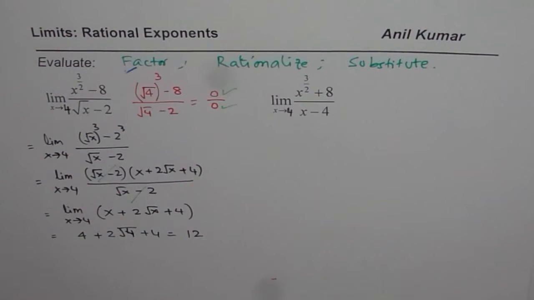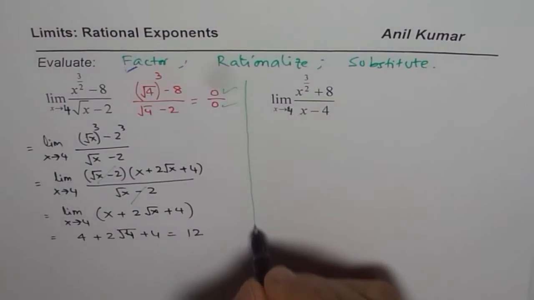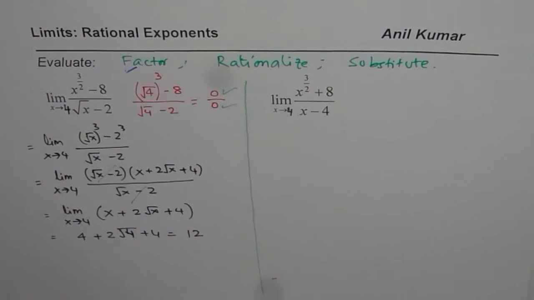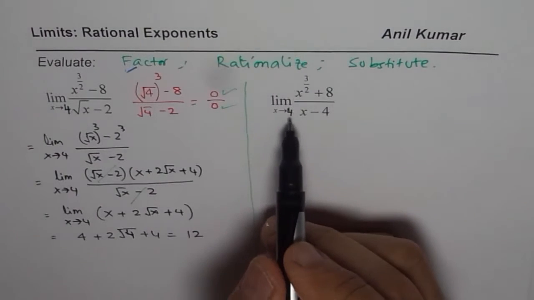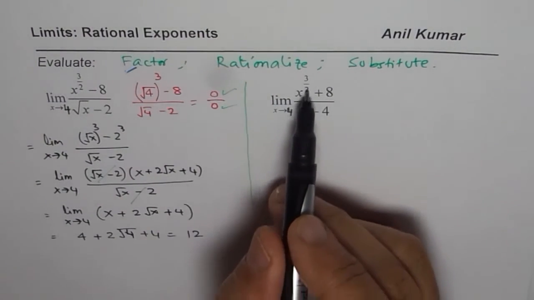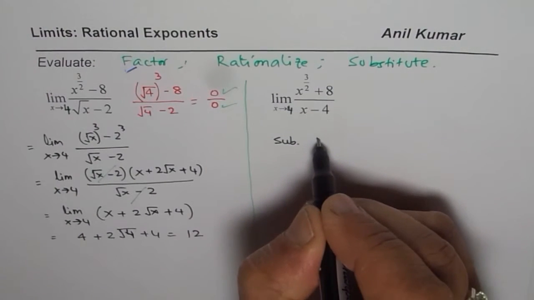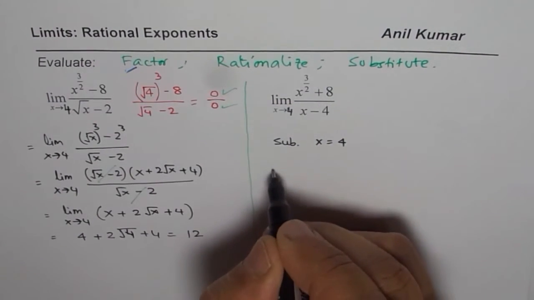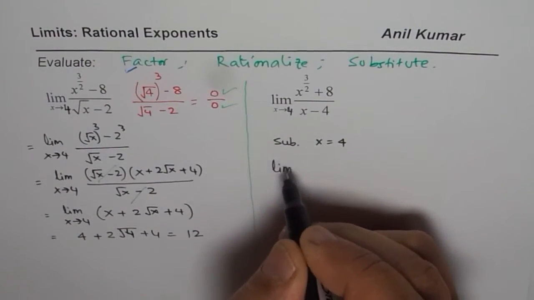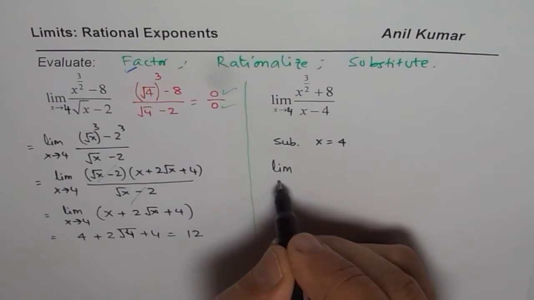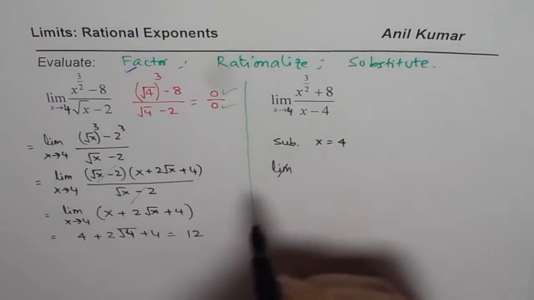Now, you can pause the video and answer the next question. In this particular case, if I substitute 4, what do I get? So let's substitute 4 for x equals 4. We'll just substitute and check, right?